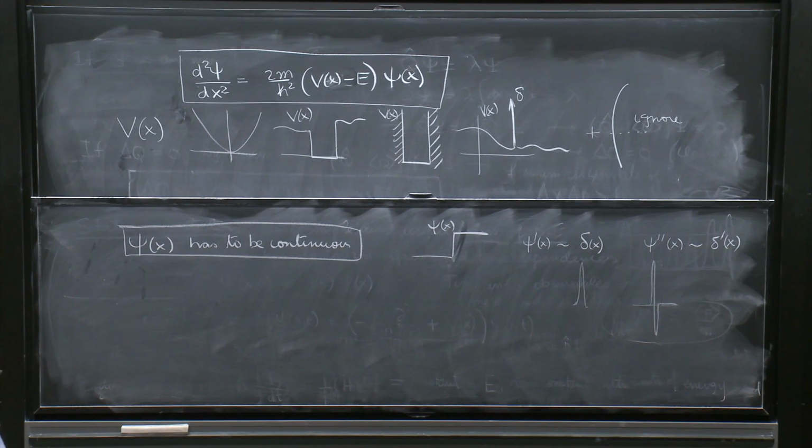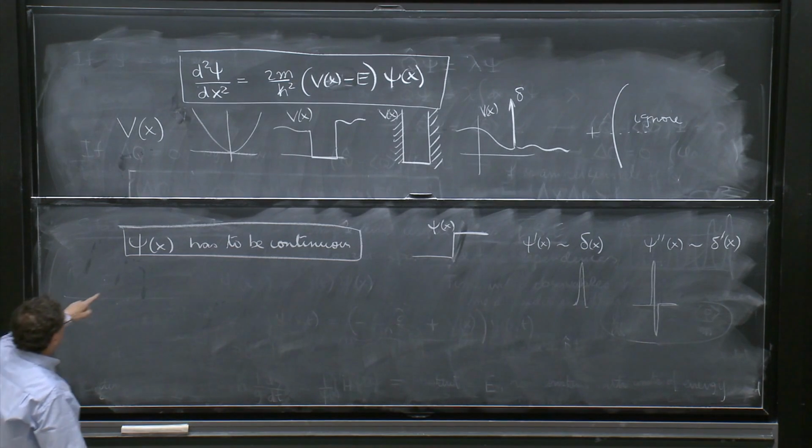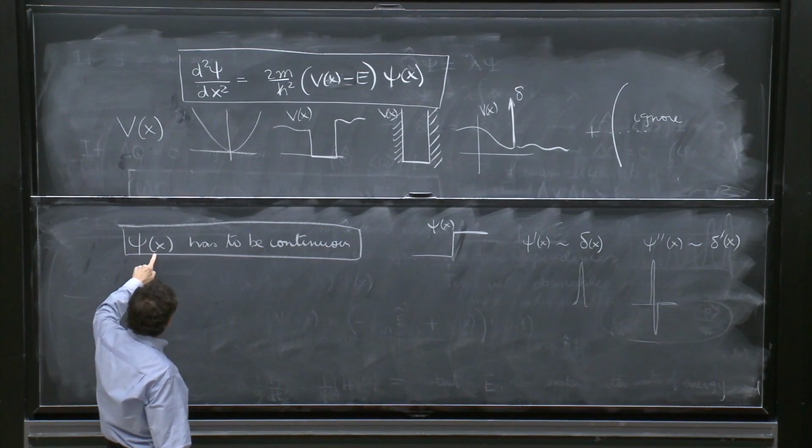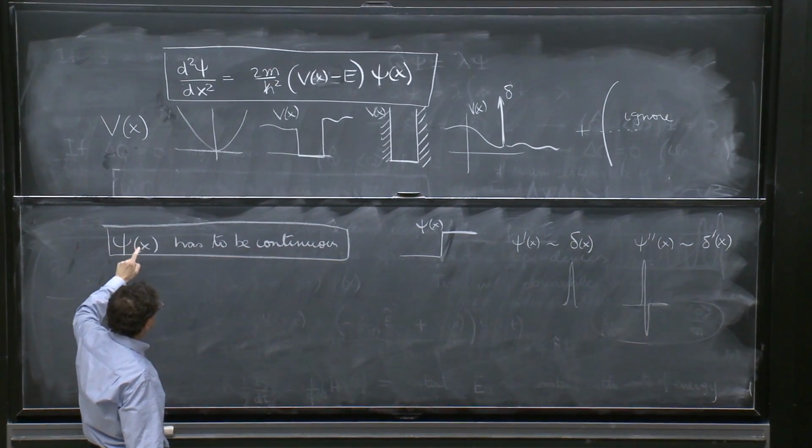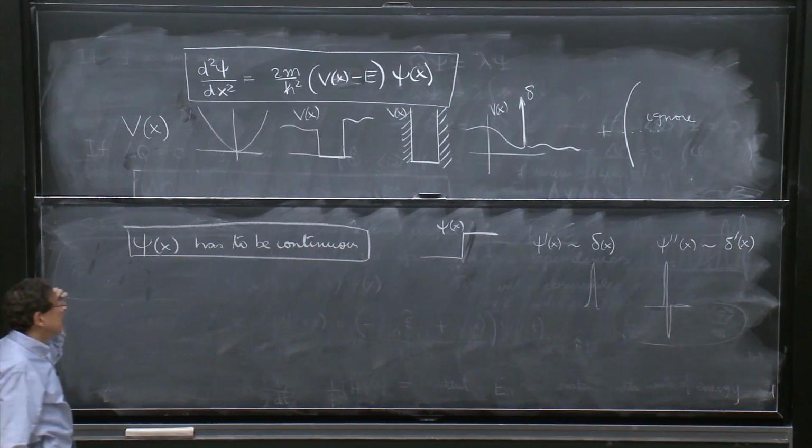On the right-hand side, the worst thing that could exist is a delta function in V of x. But a derivative of a delta function doesn't exist, so you cannot afford to have a psi that is discontinuous. Psi has to be continuous.